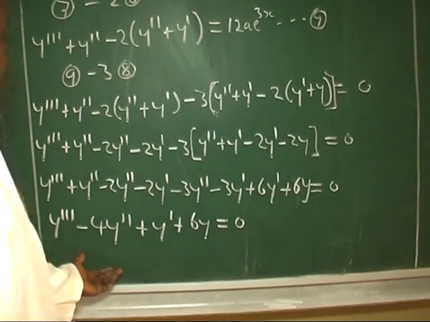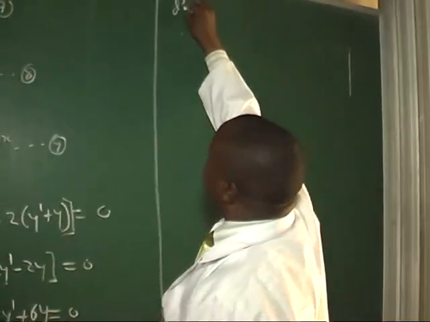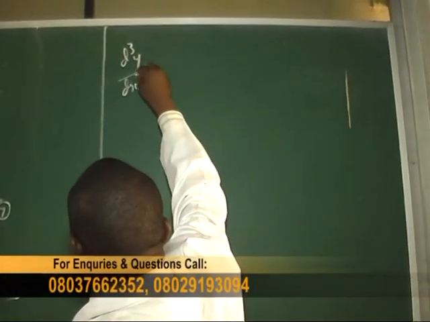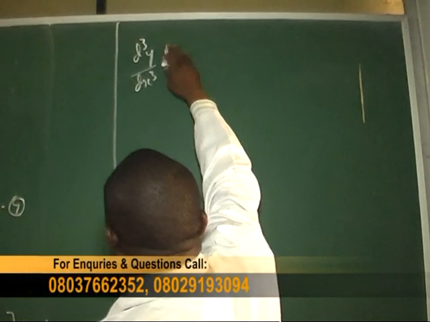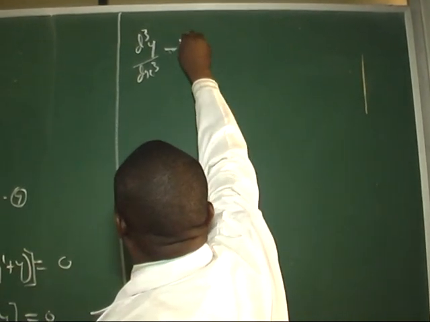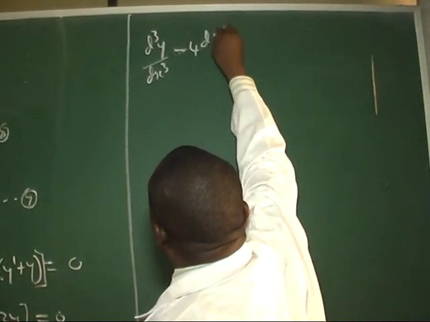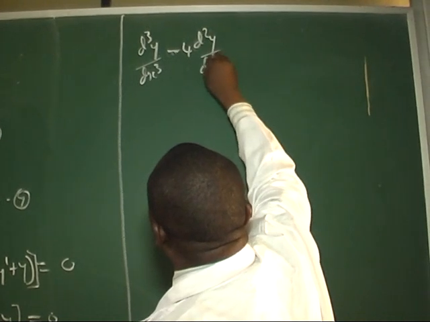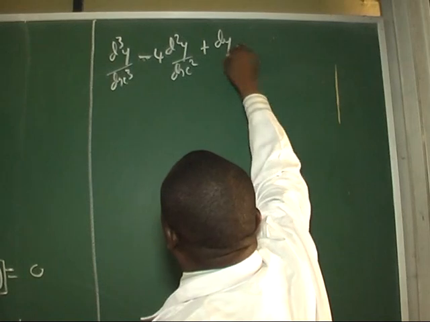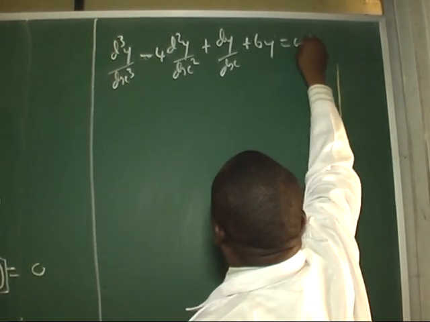which we can then write as d cube y over dx cube minus 4 d square y over dx square plus dy dx plus 6y is equal to 0.